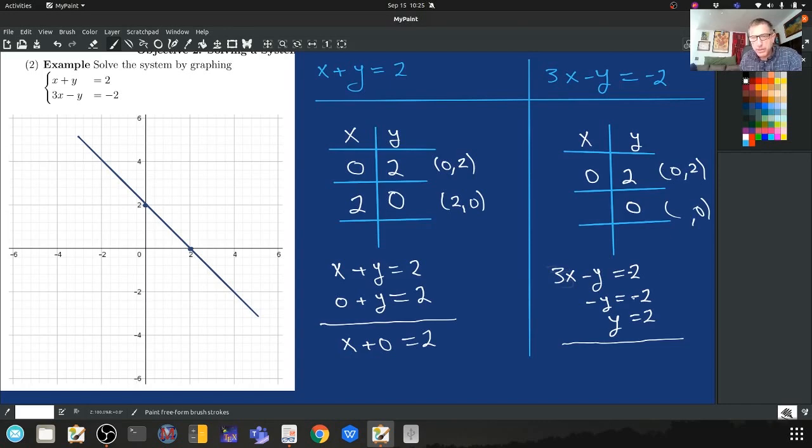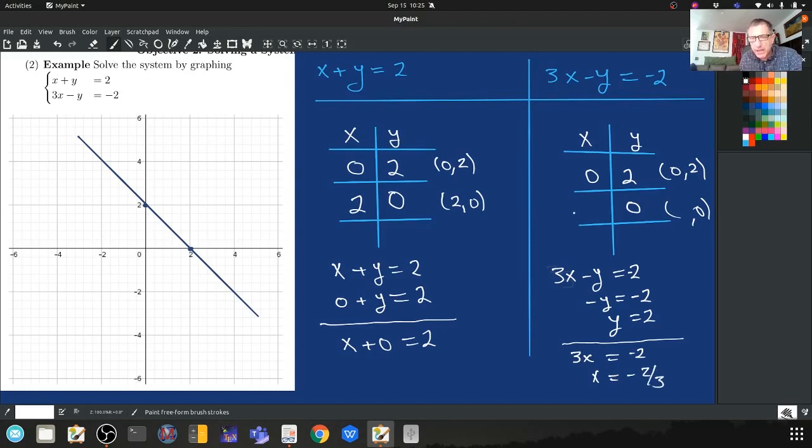But let's go ahead and plug in 0 for y. So I get 3x is equal to minus 2, because y is 0, so 3x minus 0 is equal to 3x, so I get 3x is equal to minus 2, and that gives me x is equal to minus 2/3.